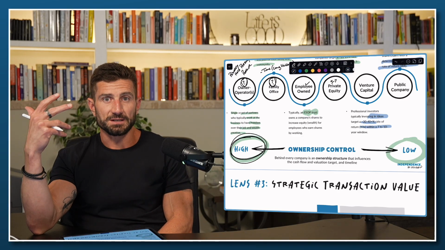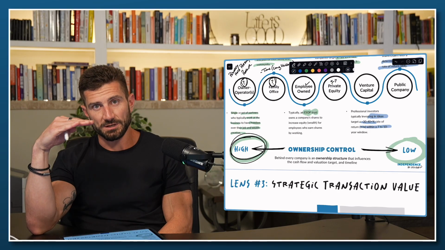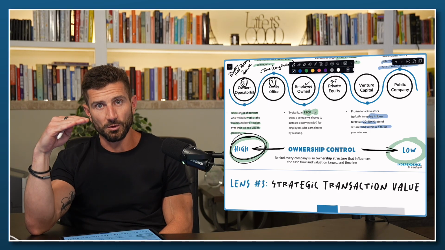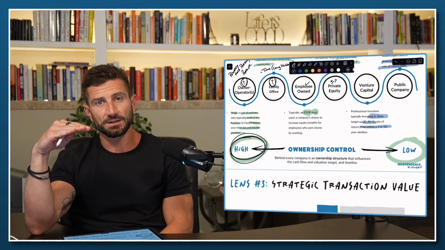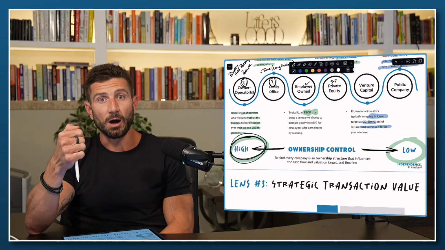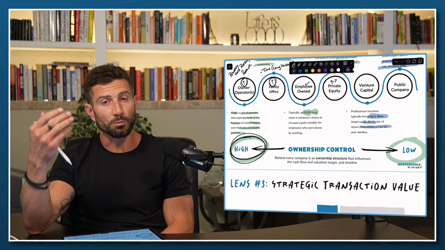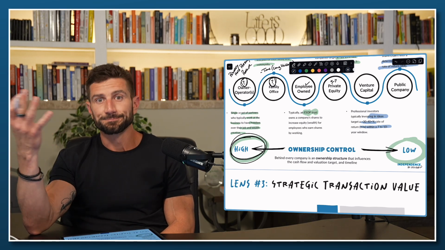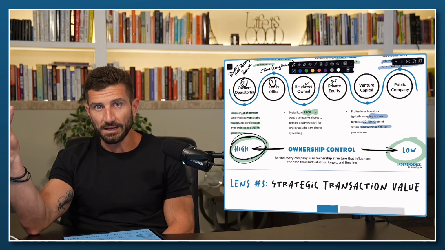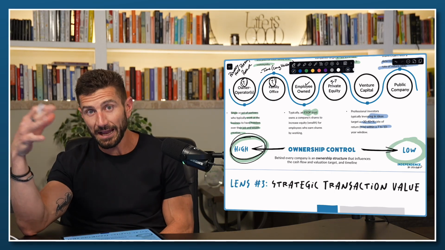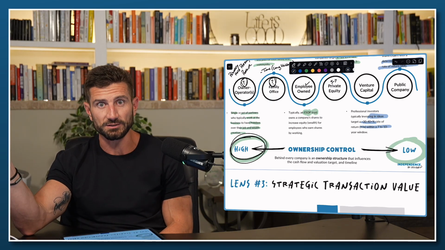So what that means is, if you think about a cash flow statement, which I talk about in the owner's utility lens, everything that's below cash flow provided by operating activities is ownership's choice. How are we handling debt? How are we handling reinvestment? How are we handling taxes? And then what do we do with that cash? The less say you have over that, the more you're outsourcing that final outcome and the wealth creation to someone else.